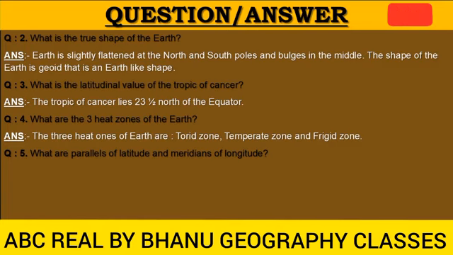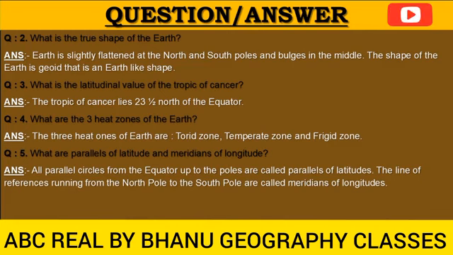Answer of this question is, all parallel circles from the equator up to the poles are called parallels of latitude. The line of references running from the North Pole to the South Pole are called meridians of longitudes.